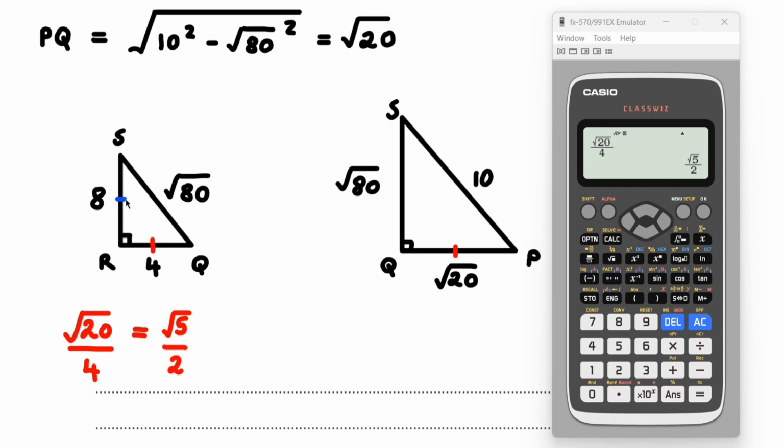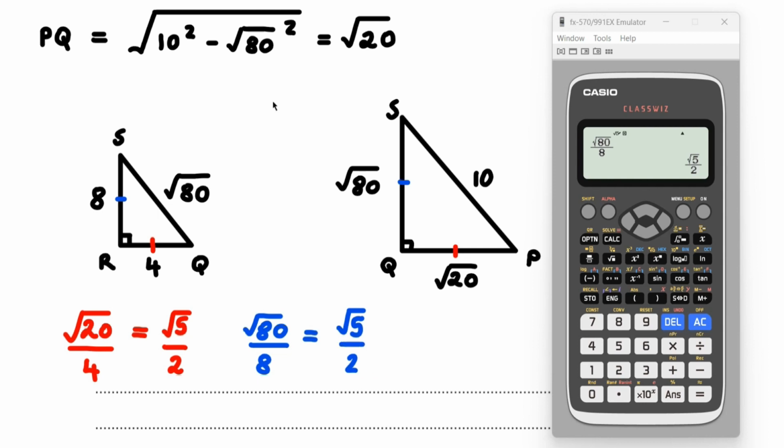Think about this side and this side. That's a similar thing. I've got root 80 over 8. So if I work out what this is, I've got root 5 over 2.